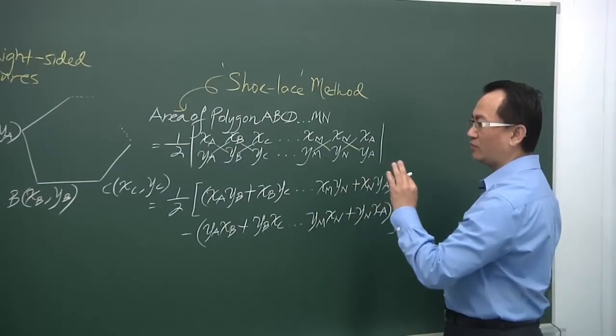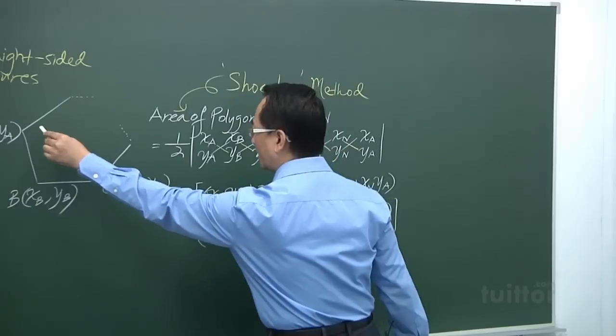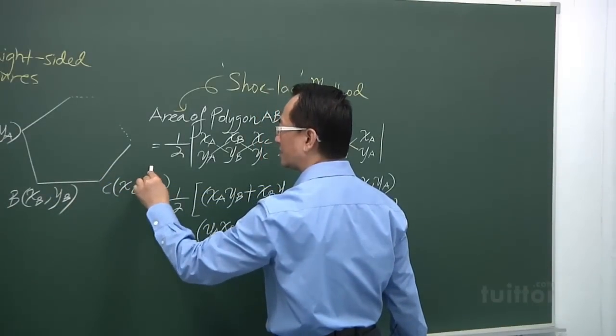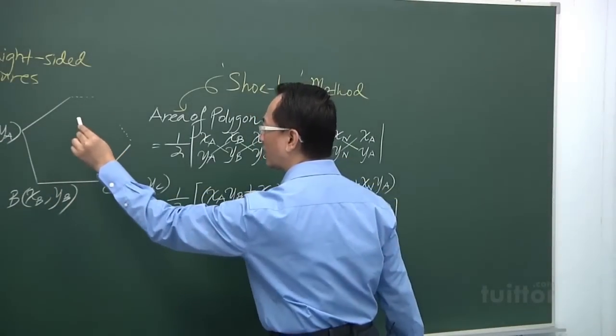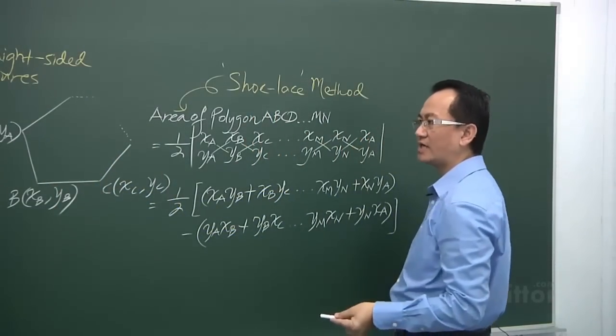But we must take the vertices of the polygon in cyclic manner as well as in anticlockwise direction.